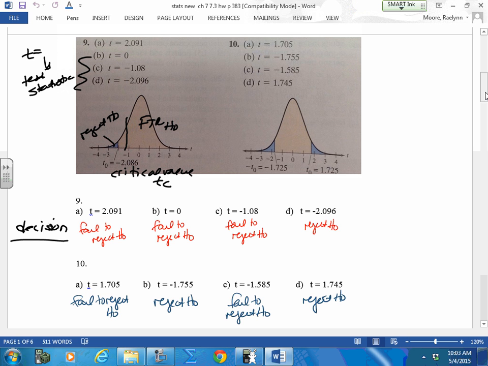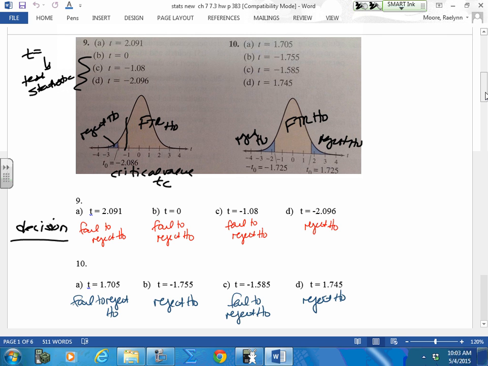Good. So the second one, same thing. You're two-tailed. This is the reject H0. This is the fail to reject H0. Okay? Positive 1.705, that's in your fail to reject H0. Make sure you use H0.